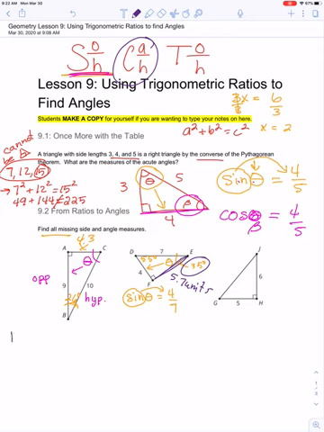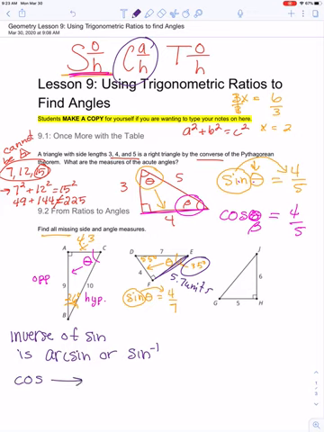So the inverse of sine is arc sine or sine to the -1, depending on your calculator and how to type that in. Remember, this is just the inverse operations, which means cosine, the inverse of cosine then would be arc cosine or cosine to the -1 power.